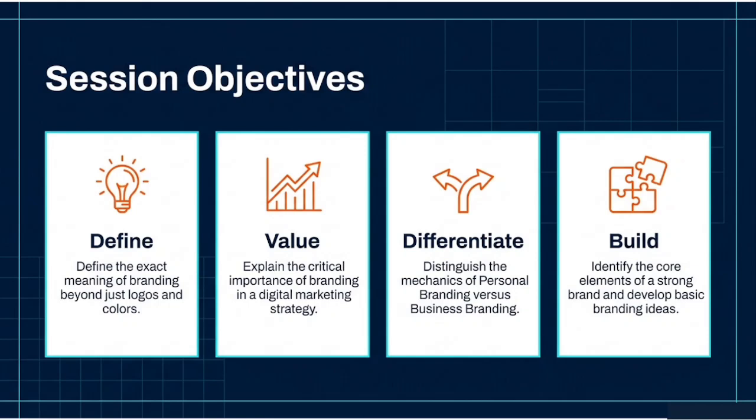And then finally, through this session, we expect to be able to identify the different elements of a strong brand, and also develop simple branding ideas. So our session is going to rotate around those 4 key areas. Those are the key objectives that we are planning to look at.